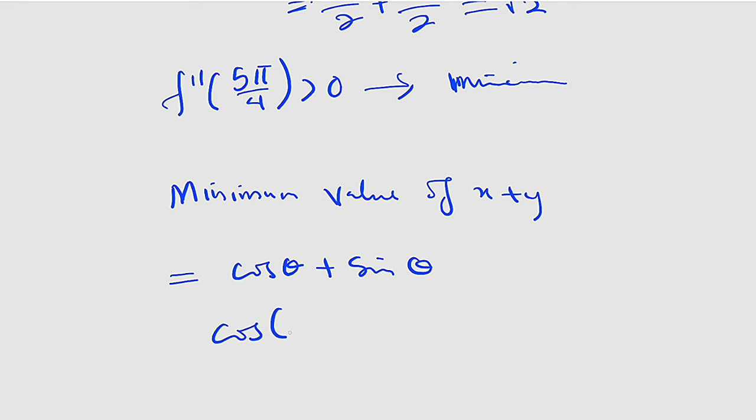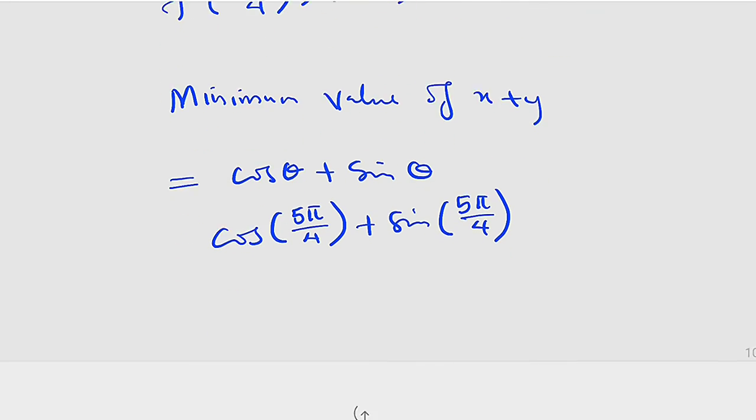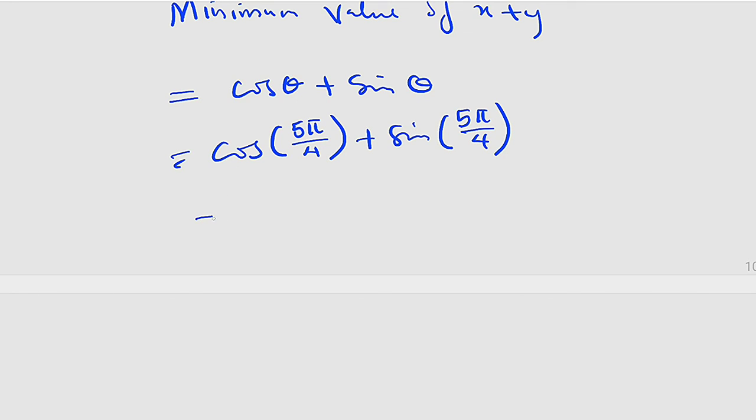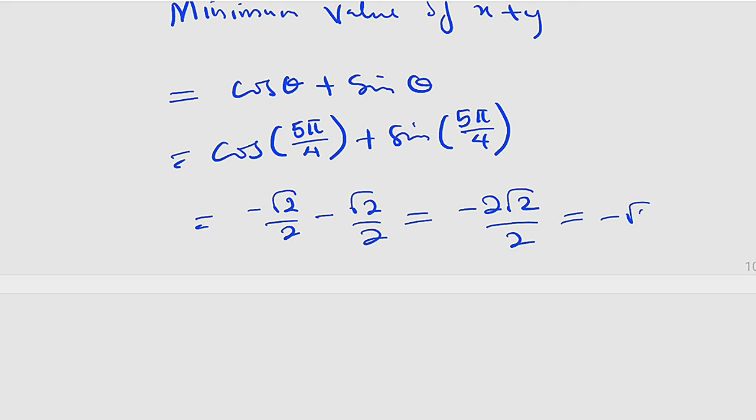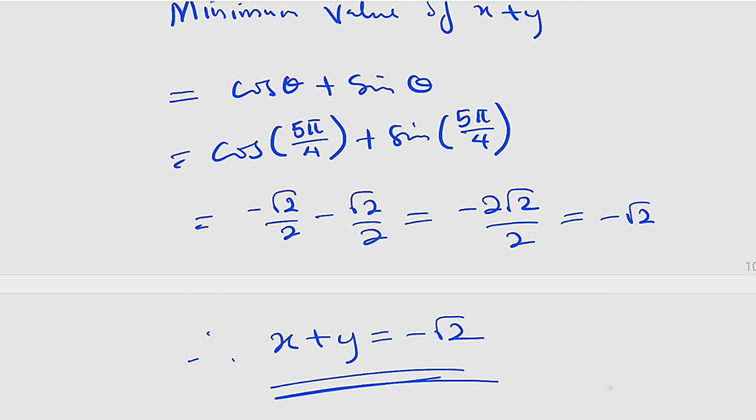So this is cosine of 5 pi divided by 4 plus sine of 5 pi divided by 4. So we have negative root 2 over 2, another negative root 2 over 2. If you add this together, you have negative 2 root 2 divided by 2. 2 will cancel 2, and this is equal to negative root 2. Therefore, x plus y will be negative root 2, as simple as that.